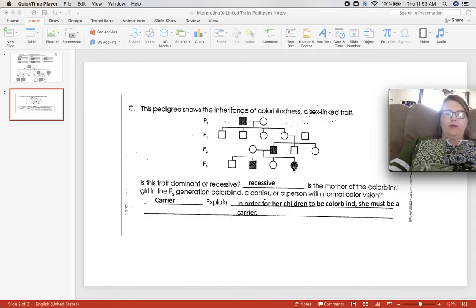Like, not only for her daughter, but for her son, she's the only one that's giving her son an X allele. So he's affected. That means she has to have the recessive gene. The daughter got an X from dad, and then she also had to get another X from mom. She is X lowercase n, and so her mother must be a carrier. She doesn't have it, but she can pass it on to her offspring. So in order for her children to be colorblind, she must be a carrier.